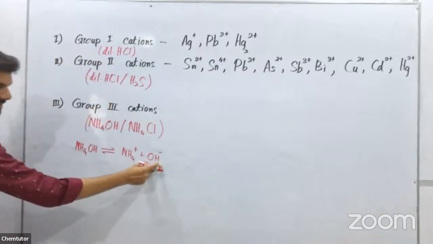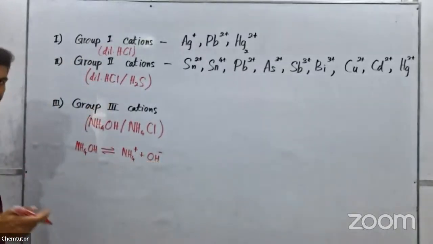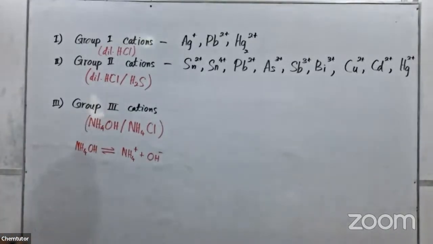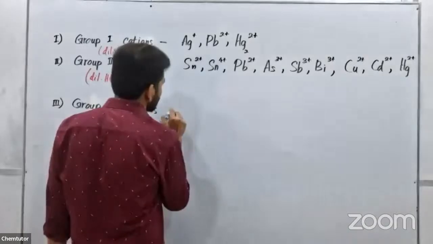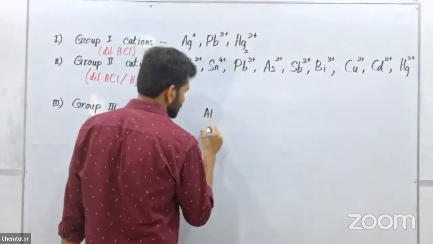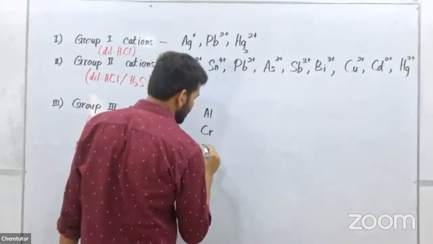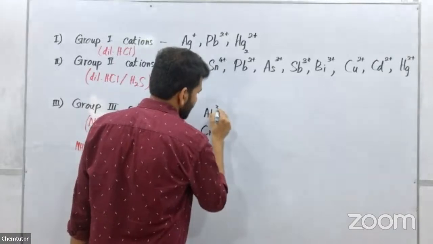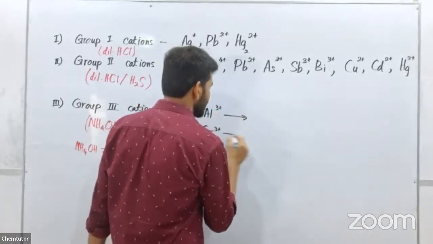The OH- ion concentration from this equilibrium will be reduced due to the presence of excess ammonium ions. Therefore, the amount of OH- ions is less. So only aluminium, chromium, and ferric will be precipitated as their hydroxides.